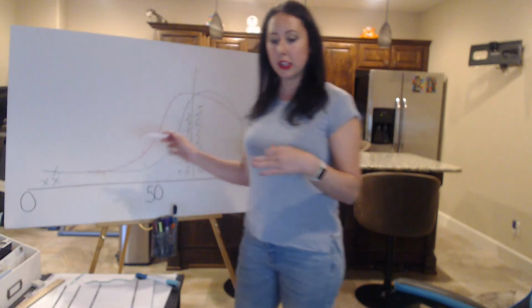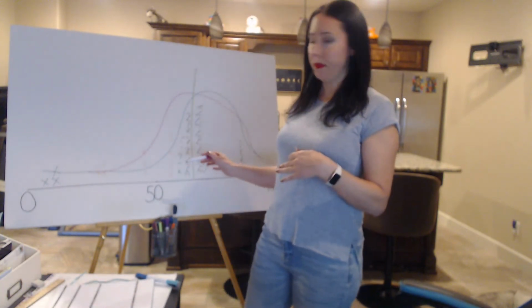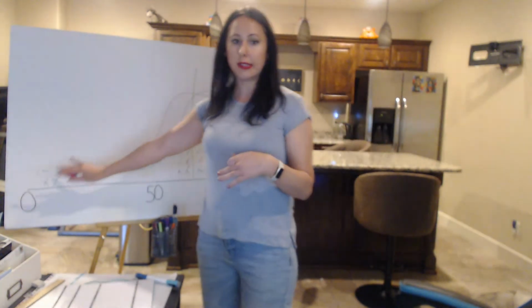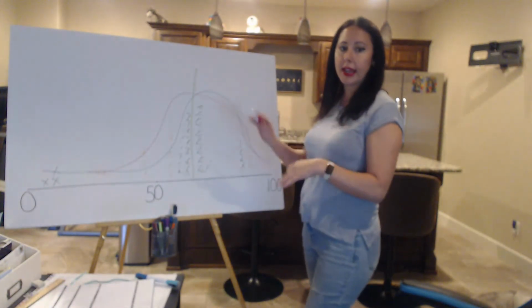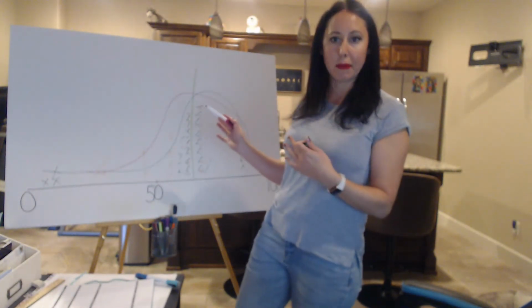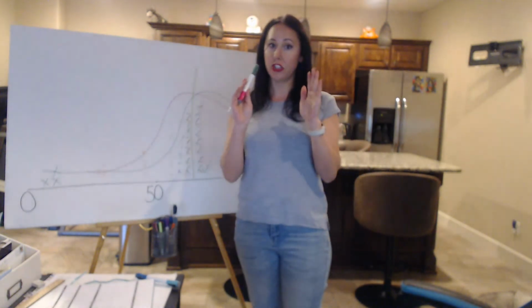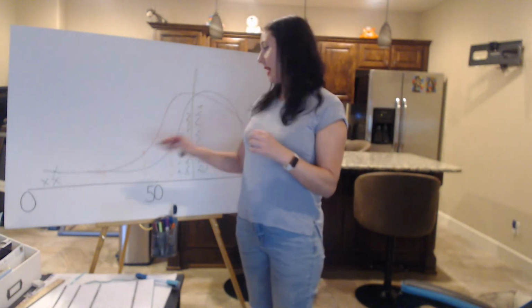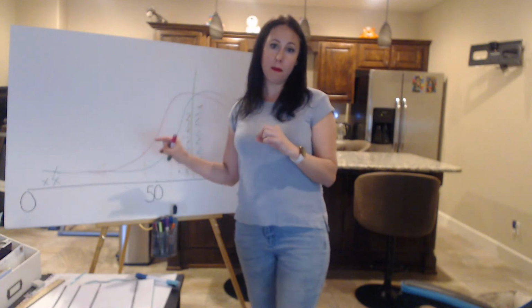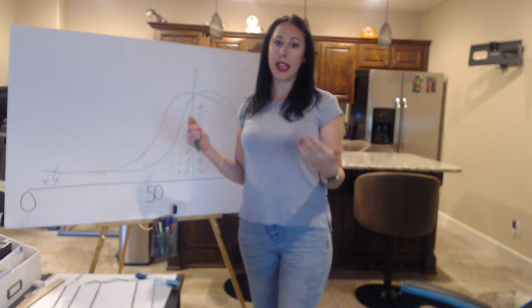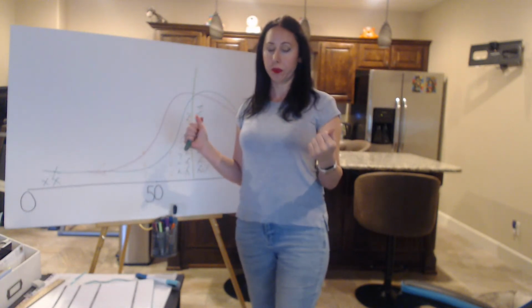We call this a skewed distribution. You only have a few on one side, you have a lot on the other side, and it's making it look lopsided. Now, the part of this that gets counterintuitive is the tail that has the fewer numbers is where we take the direction of the skew.